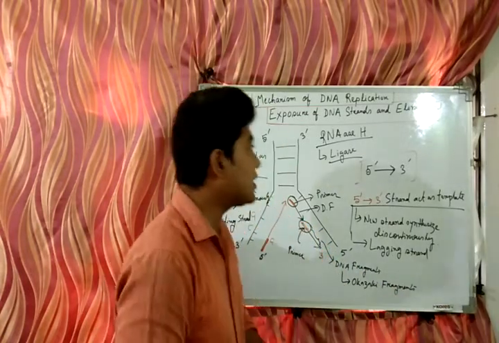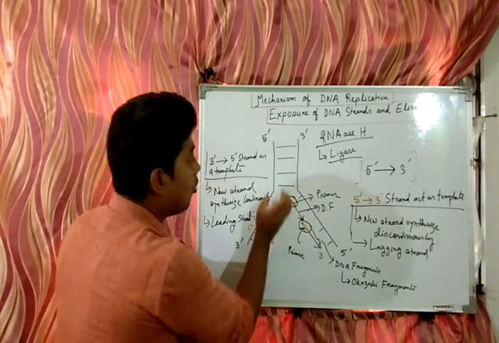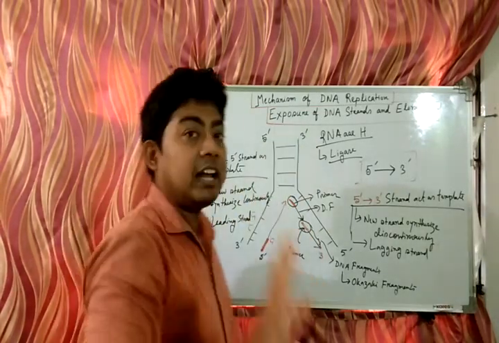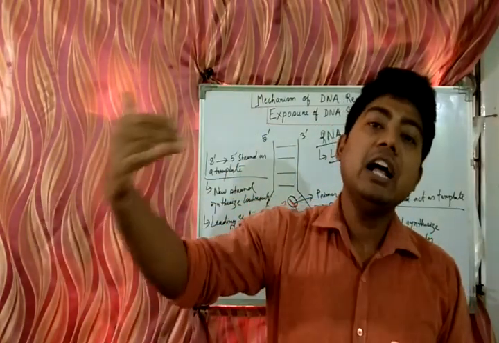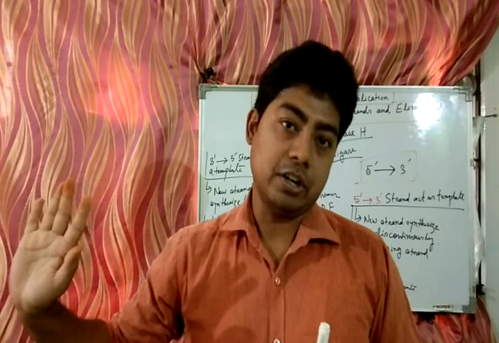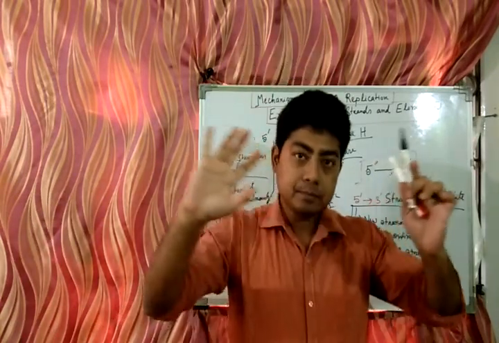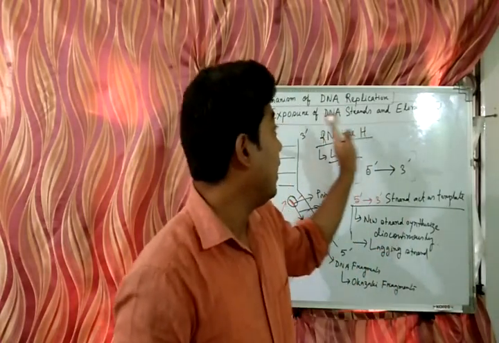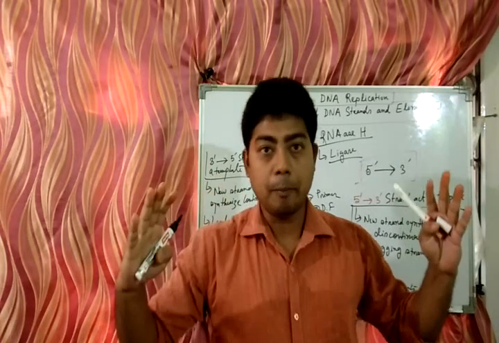Another last step is termination. Termination means the DNA polymerase moves up to the end of the template strand. When it reaches the end point, termination of DNA replication occurs. So as a whole, in the exposure of DNA strands, hydrogen bonds break down and the strands open up.